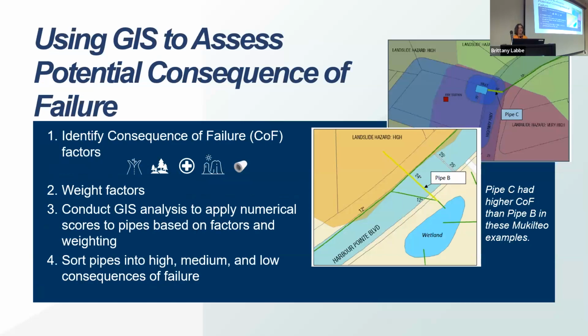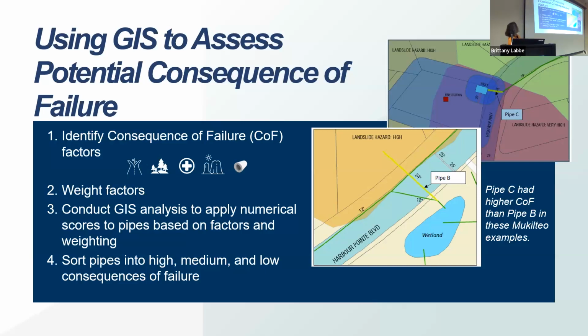In this analysis, we first used GIS to identify potential consequences of failure. We looked at the geography and pipe characteristics to see what factors would make a pipe failure worse. For instance, if a pipe was adjacent to an arterial versus a residential road, the consequence of that pipe failing would be much worse.